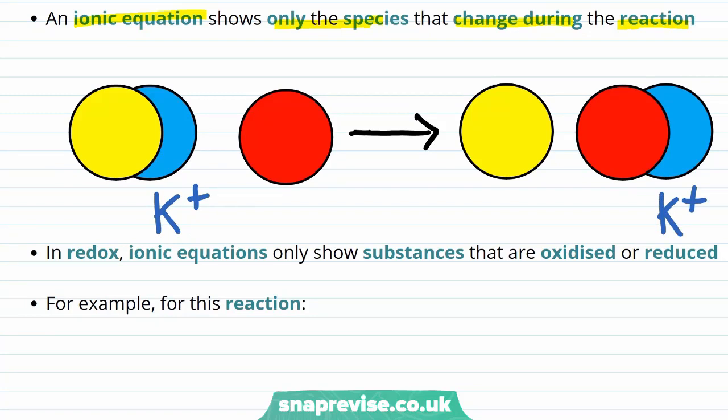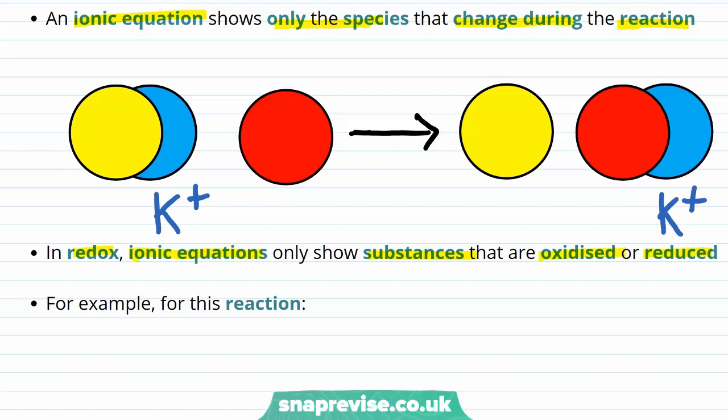And as redox is a loss or gain of electrons, we can see that this potassium cation hasn't been reduced or oxidised, as it has the same number of electrons when the reaction starts as when the reaction finishes. In redox, ionic equations will only show substances that have been oxidised or reduced, and therefore we wouldn't expect this K+ cation to appear in ionic equations for a redox reaction.